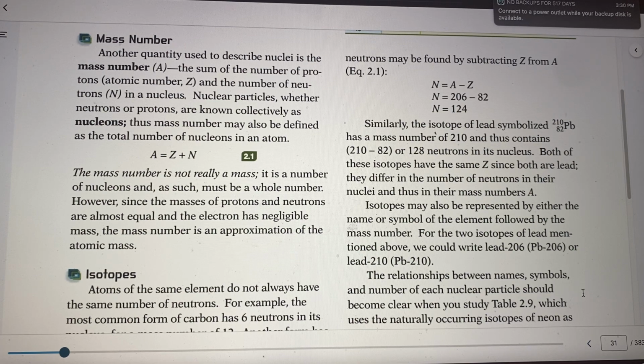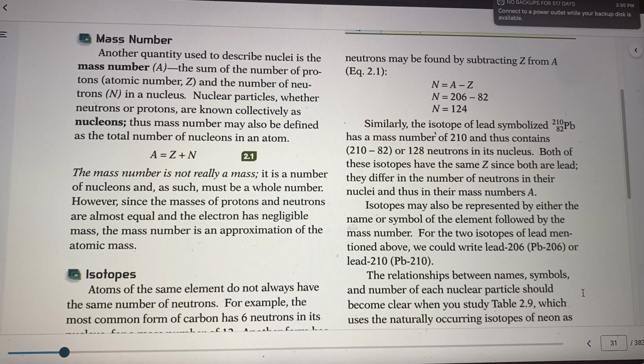They're so light. So the mass number is approximately the atomic mass because the heaviest particles in an atom are the protons and neutrons in the center of the atom. So the mass number is protons plus neutrons.